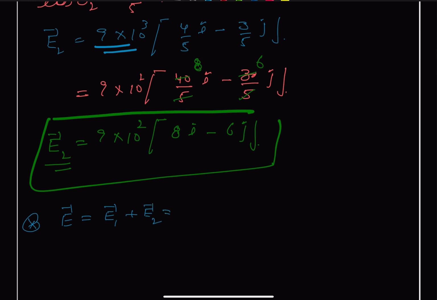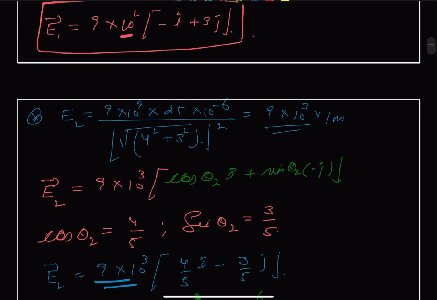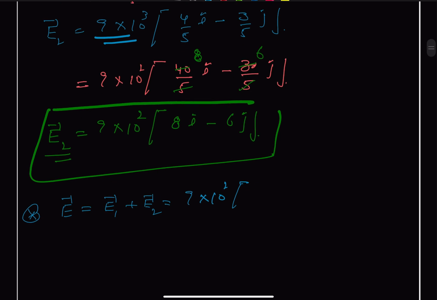We substitute the values and we can take this factor 9 into 10 raised to the power 2 as common, and E1 was our minus I plus 3j, and here it is plus 8I minus 6j.